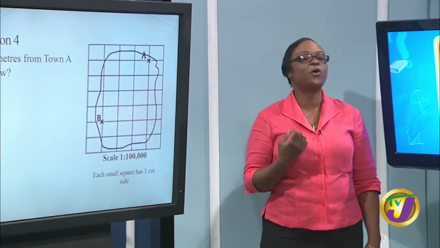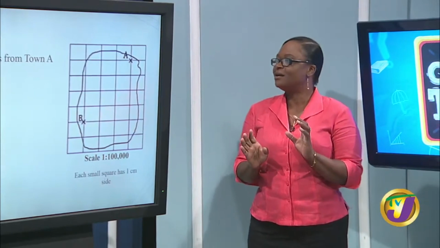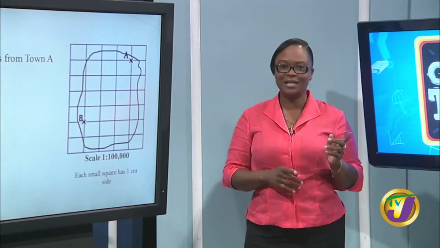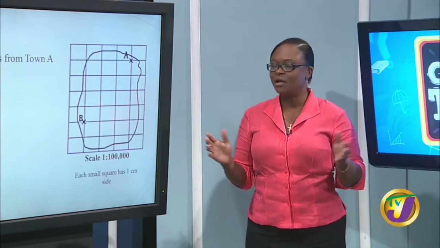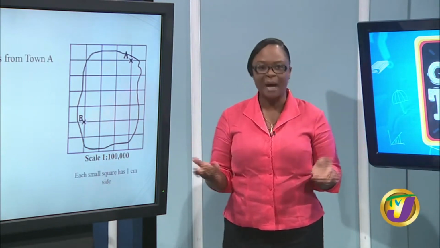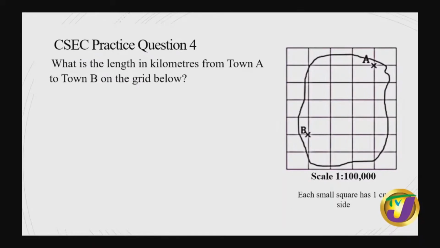To take us to another CSEC practice question, because the last one was a lengthy one, worth something like 12 marks or so. Here is another one. This aspect of mathematics is also tested on the multiple choice paper 1.